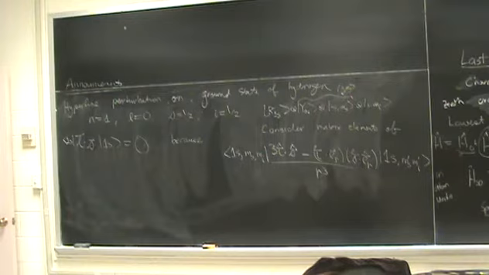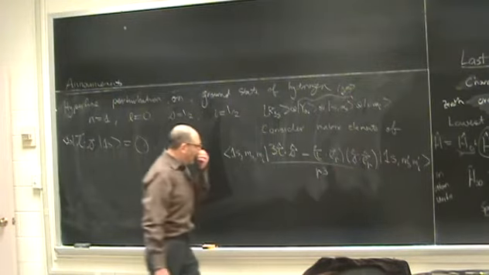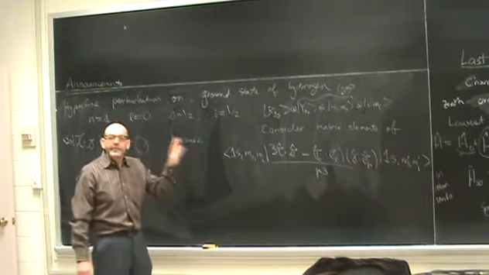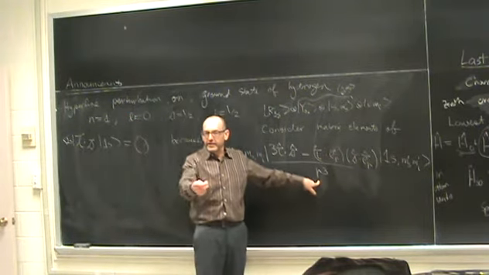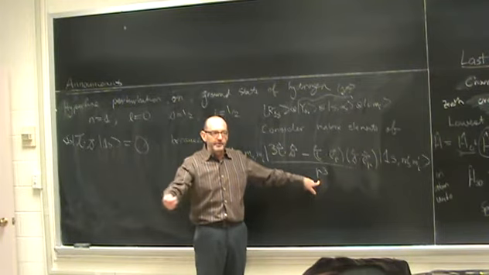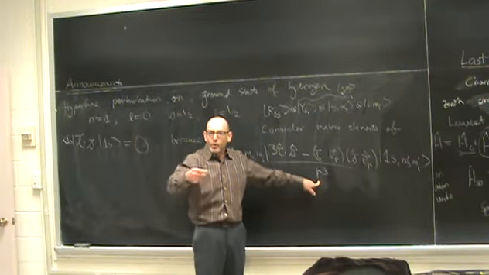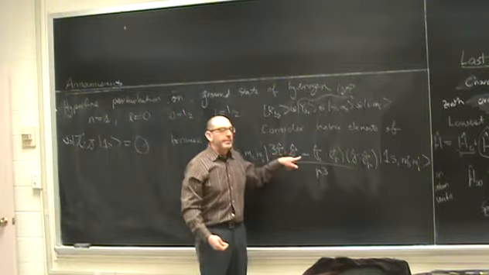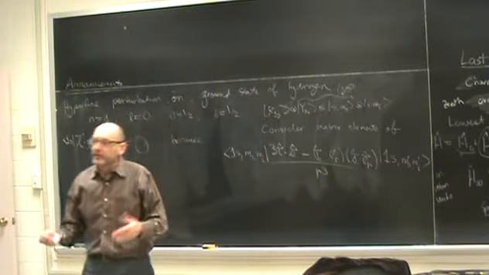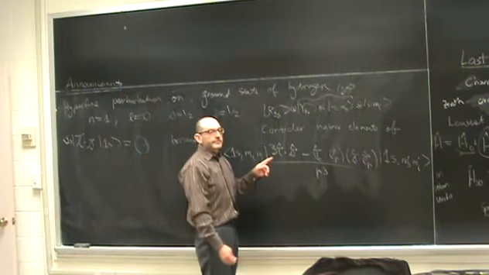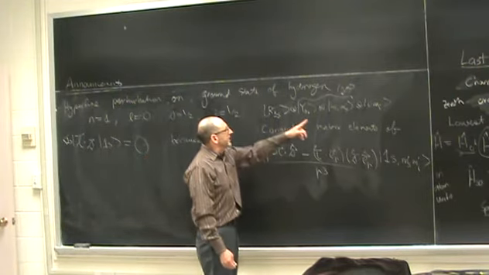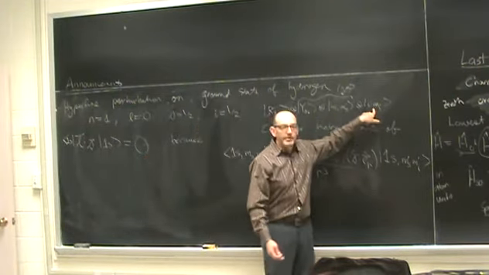Now, this is a little bit of a tricky business here. Notice there are two kinds of degrees of freedom here. Things that have to do with the position of the electron relative to the proton, the orbital degrees of freedom, and spin degrees of freedom, both of the electron and the proton.